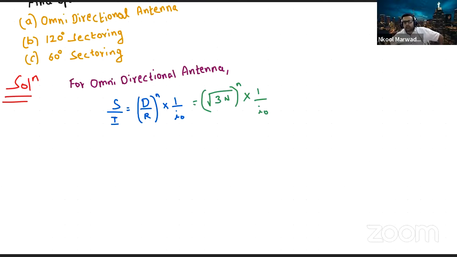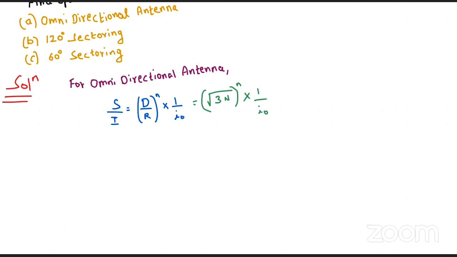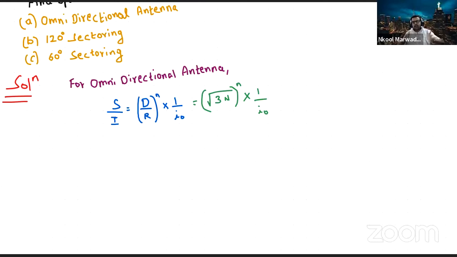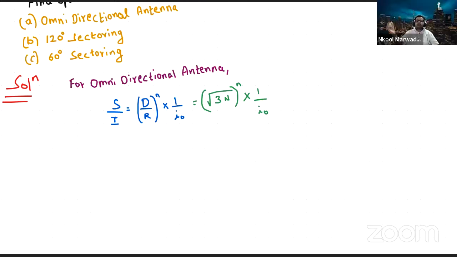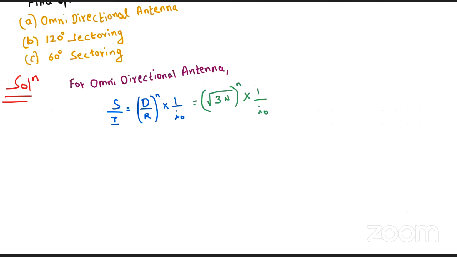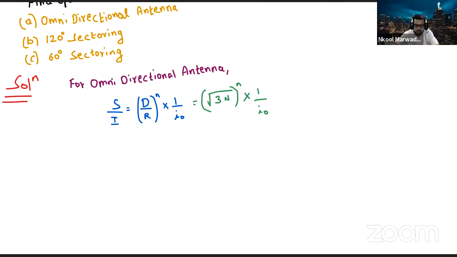So I naught will be 6. Sorry, can you repeat? So for a cell with the omnidirectional antenna, there will be 6 co-channels. Okay. So I naught will be 6.